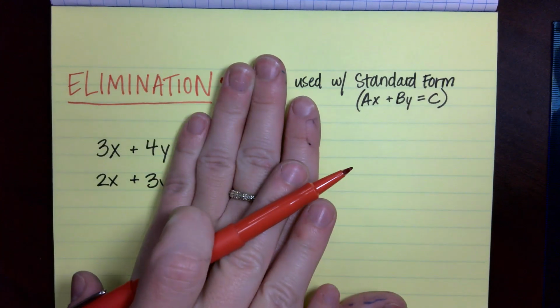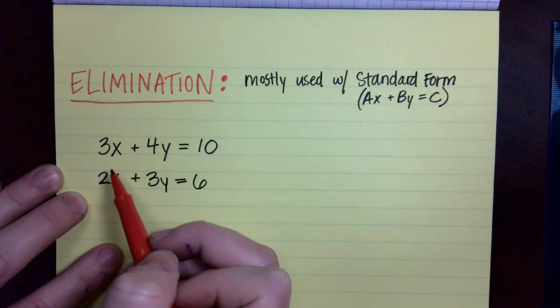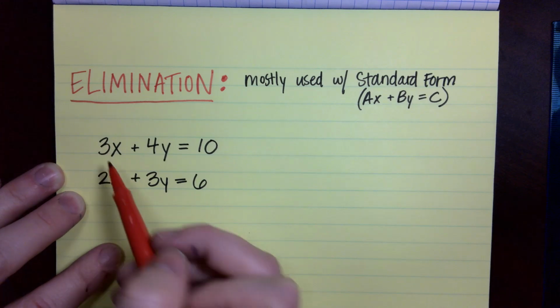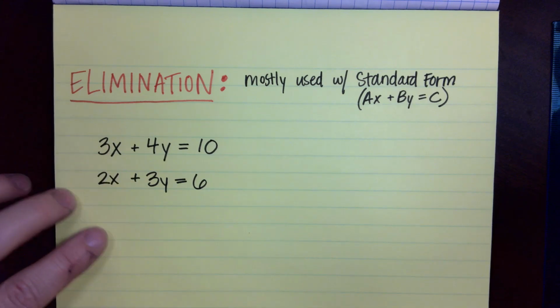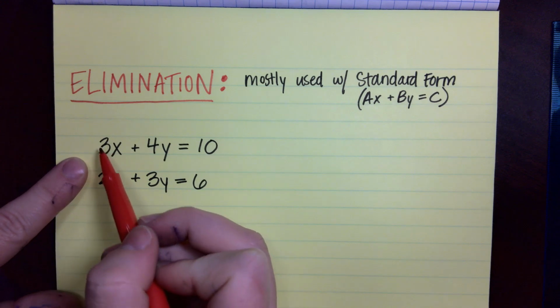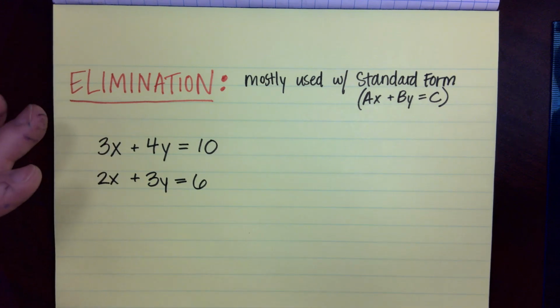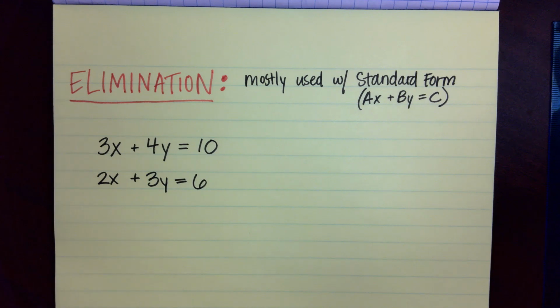Pretend it's not an equation for this example. So we want to figure out a way to get rid of the x's first. So let me show you what we can do. If I were to make these numbers in front of the x's the same, but one's positive and one's negative, I can cancel them, right?